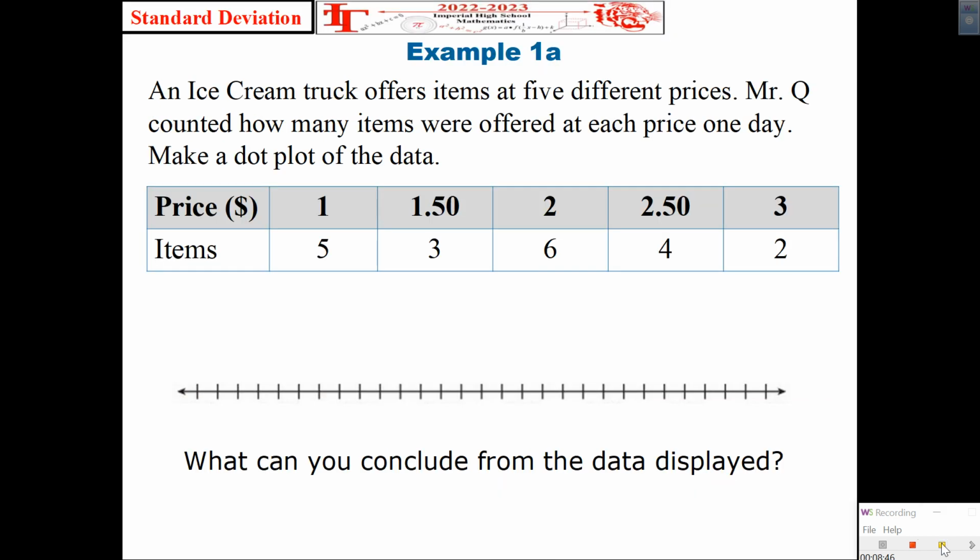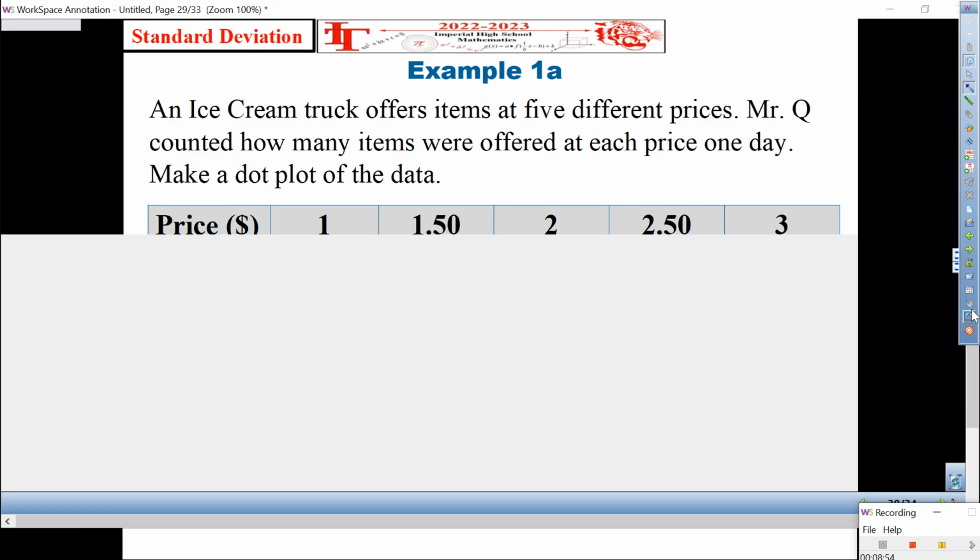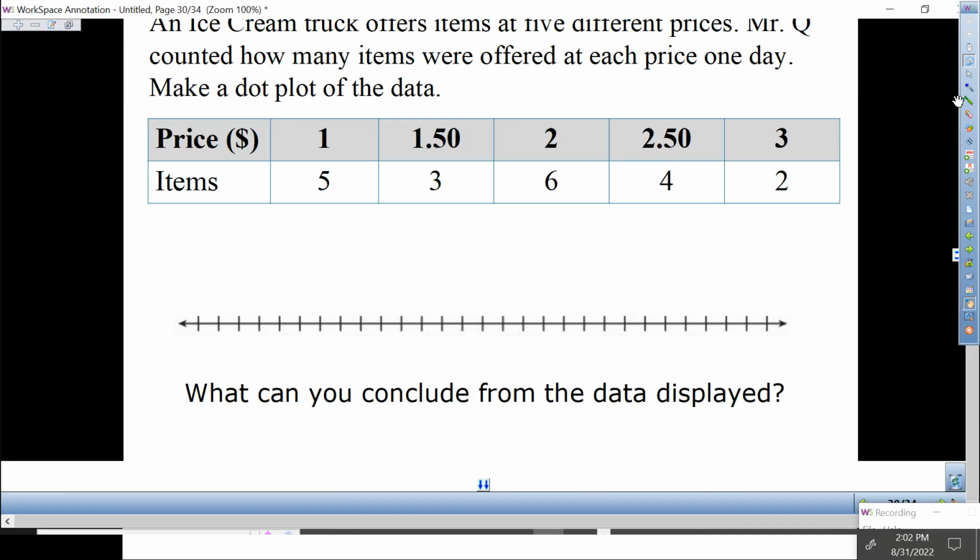I'll give you some time to copy. So what can we scale my number line, guys? What can I start with and scale it? 1, 2, and 3, okay. 0.5? Okay, so I heard 0.5. Let's find out.